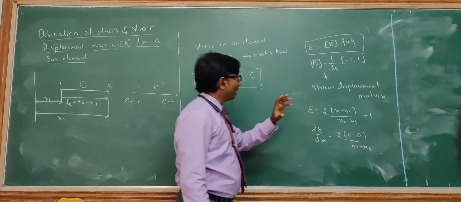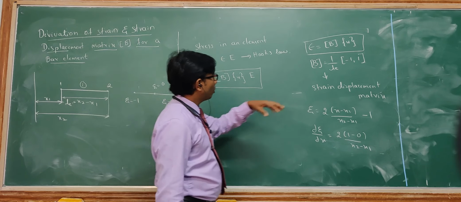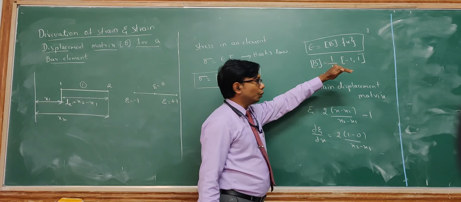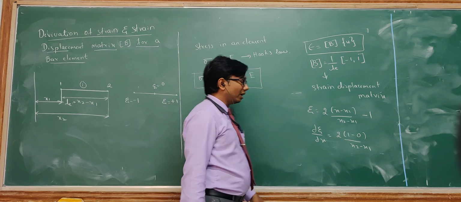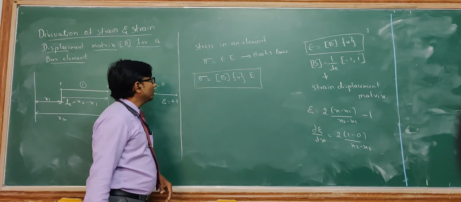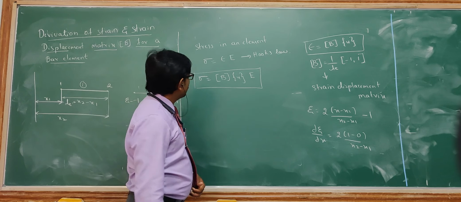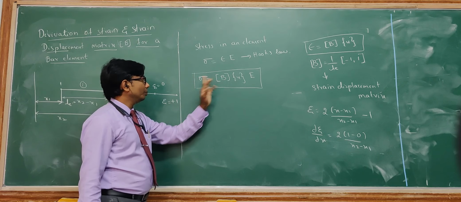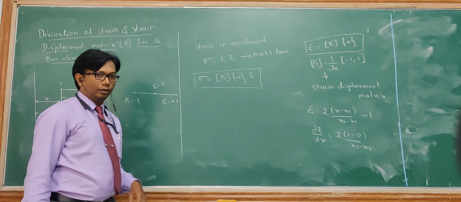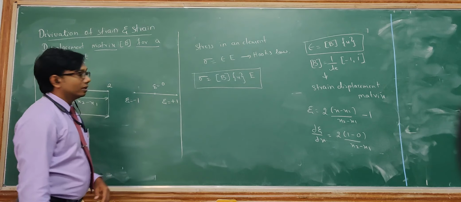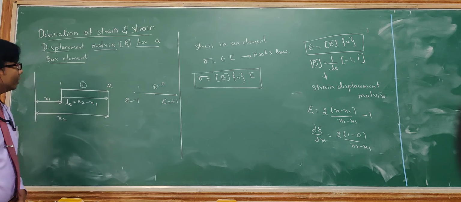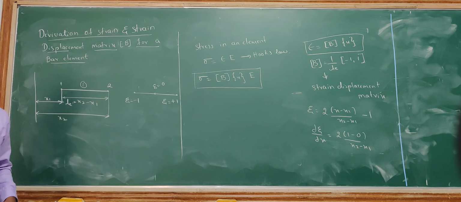Okay, when we multiply it, we get the equation in the format of B matrix and U. So this will be the strain, and stress is nothing but epsilon into E. So you will be getting it as B into U into E. Okay, so this is about the strain matrix and strain displacement matrix.